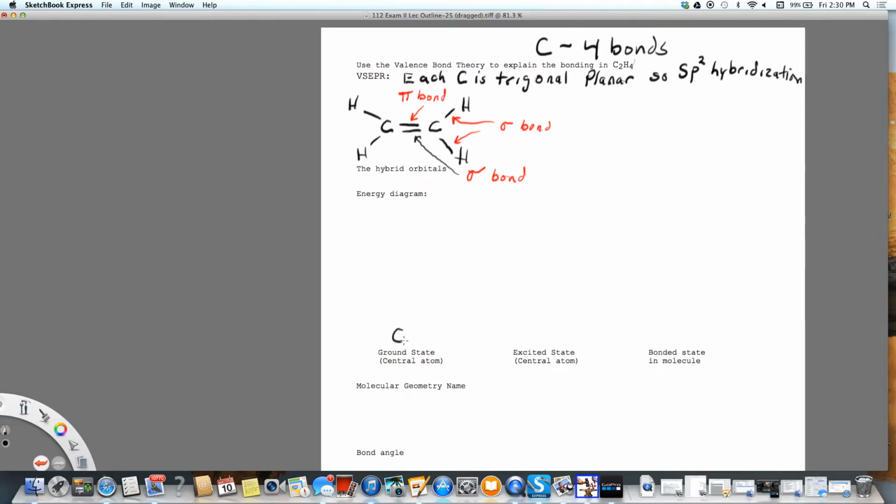So let's do carbon in its ground state, its excited state, and then in its bonded state. We're going to look at just the second energy level. So we have 2s and our 2p. There's 2 electrons on the 2s and 2 on the 2p.